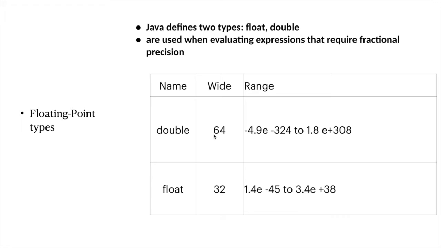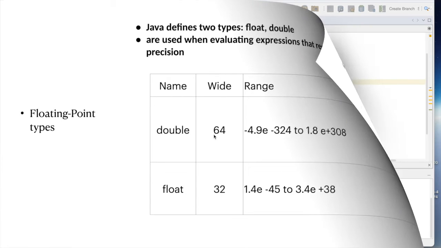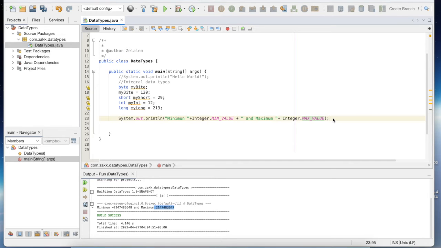We will use our previous project, our floating point data types. So there are numerical data types with fractions or decimal points. The two floating point data types that we have discussed are the float data type.